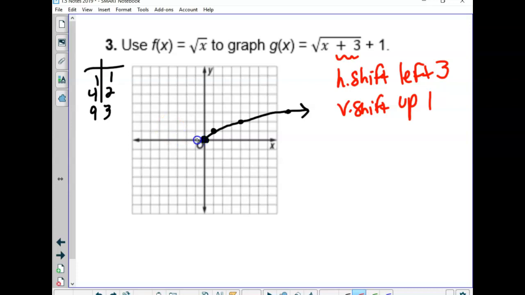There's no stretching. Left 3, up 1. This dot here goes left 3, up 1. This dot that was over here goes left 3 and up 1. This dot that was way out here, 1, 2, 3, up 1. Okay, it should be exactly the same shape, shifted left 3 and up 1. Good?